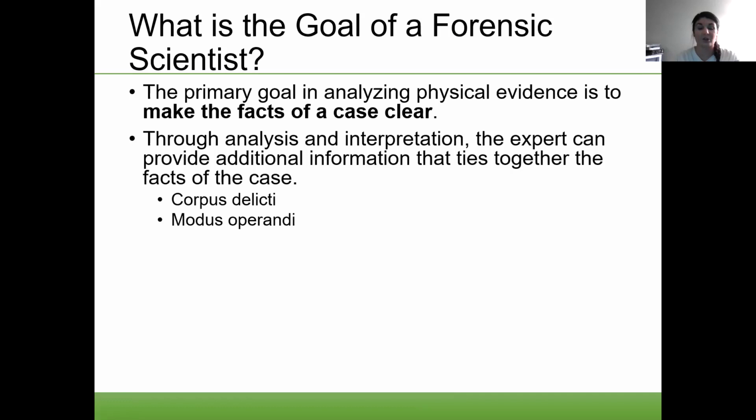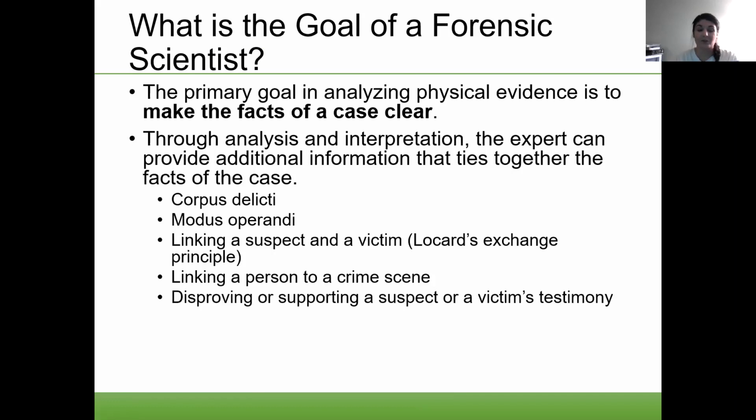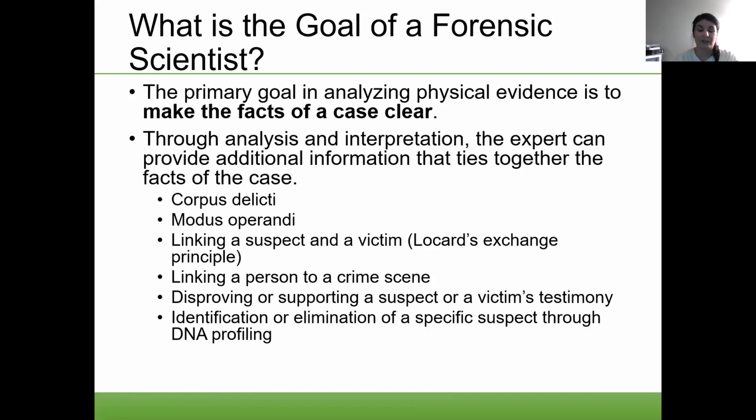One of them is the corpus delicti, modus operandi, don't speak Latin, linking a suspect and a victim, which is the Locard's exchange principle we went over in a previous video, linking a person to a crime scene, can disprove or support a suspect or a victim's testimony. We'll go over all these in detail as well.